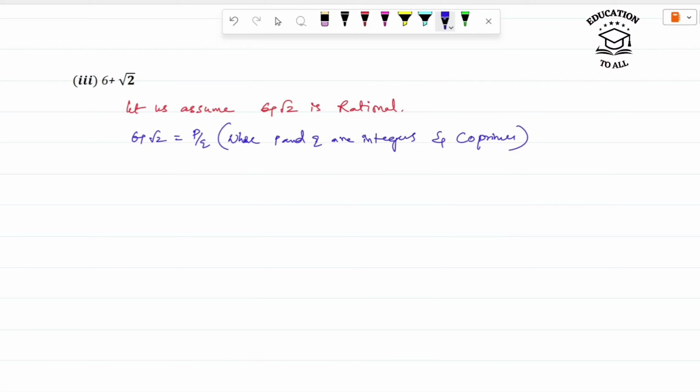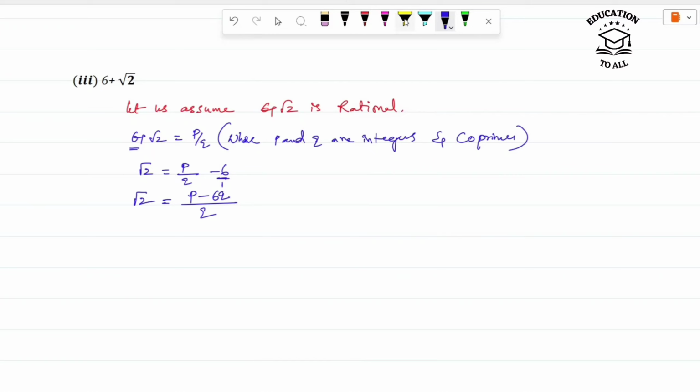Now 6 sending to the opposite side, that is, the rational number sending to the opposite side. So root 2 is equal to p by q minus 6, and taking LCM, q will be the LCM. So this q cancels, so p is alone there. Denominator is 1 for 6, so this 1 in q times cancels, 6q.